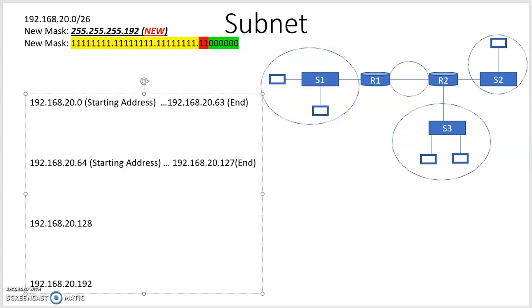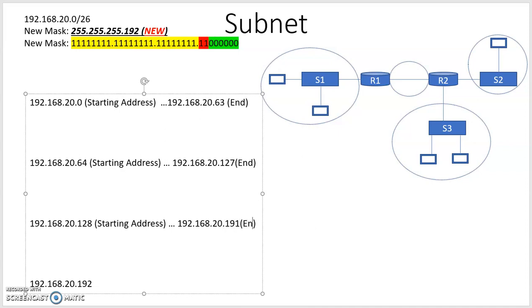And this, 192.168.20.128, is the starting. If it is the starting address, then I know that the ending is 192.168.20.191.